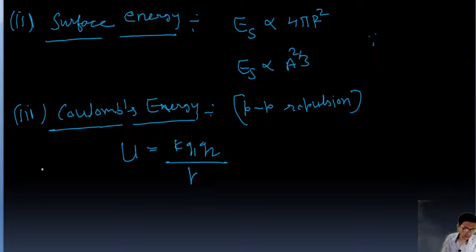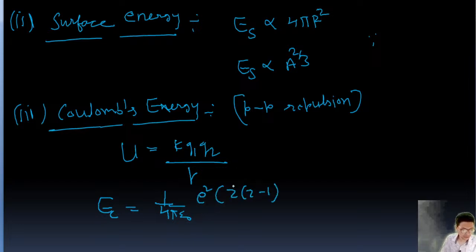Using this, EC is 1 upon 4 pi epsilon 0, e square into Z into (Z minus 1) upon 2R.